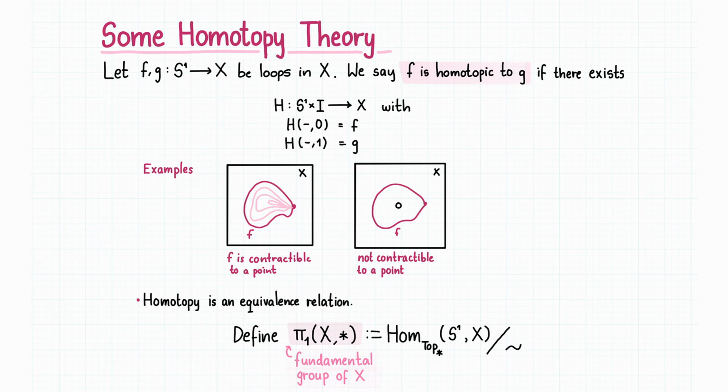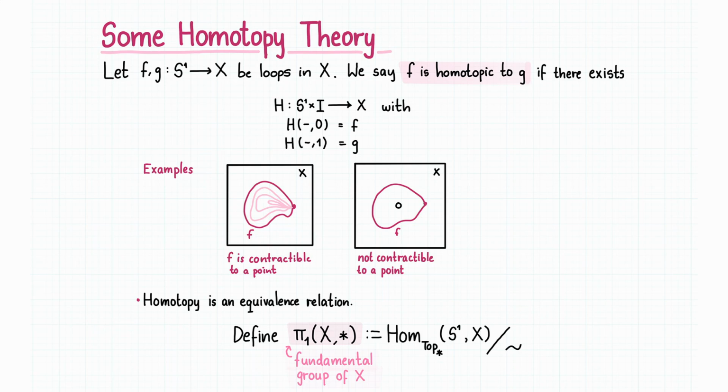So you can take two loops, f and g, which are just maps from the circle to X. You say that f is homotopic to g if there exists some kind of continuous deformation from f to g. So H is a continuous map from S1 cross I to X, and at time 0 it is f, and at time 1 it's g, and in the middle it's just some loop with the same starting and ending point.